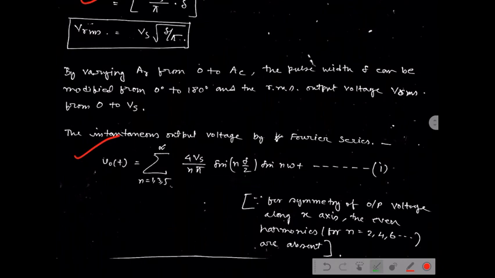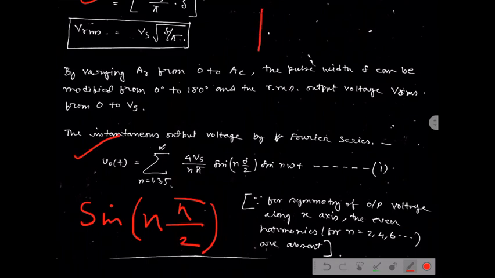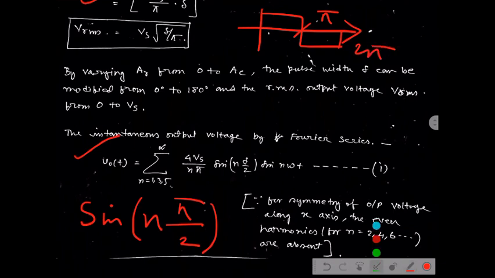Normally, for the full bridge inverter, this term was written as sine n pi by 2, right? Just try to recall that case: suppose the waveform is similar to this one, where this part was pi and this is 2 pi. We had taken the midpoint to calculate the periodic function, that is pi by 2.